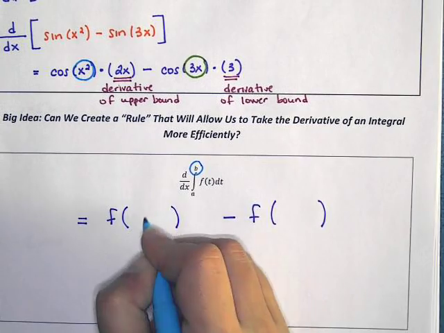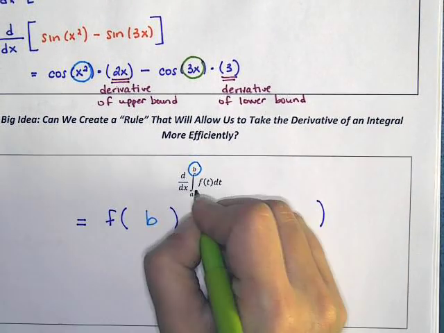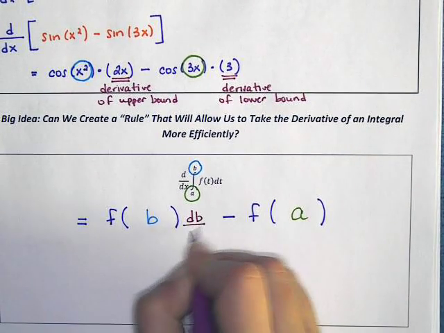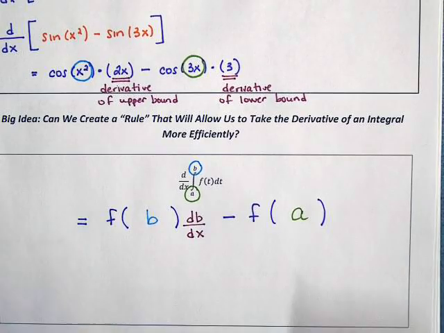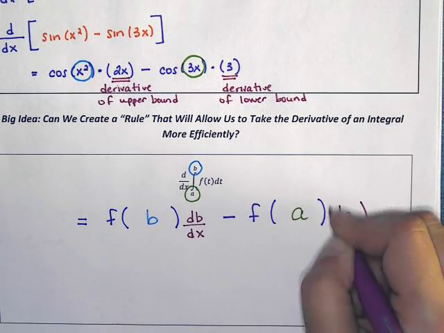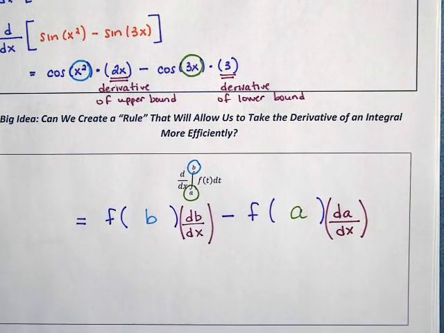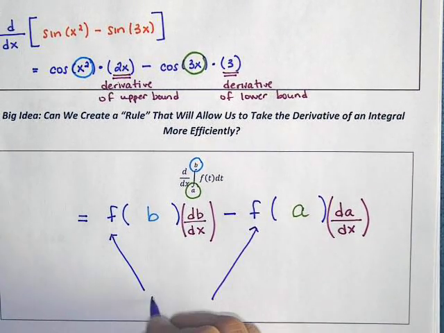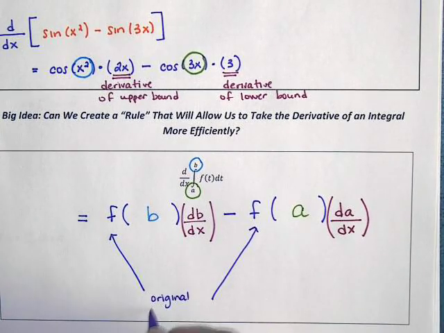First, I'm going to plug in B, and then I'm going to plug in A. But that's not all. After I plug those things in, I need to remember to do chain rule. So this would be dB/dx, the derivative of B, and this would be dA/dx. That would be the chain that I'm going to multiply by. So this is the original function from the integral.